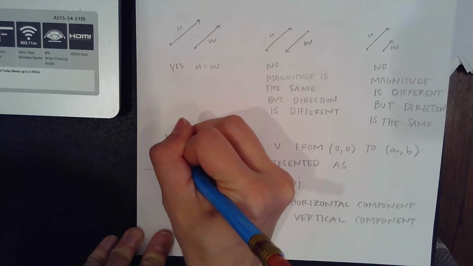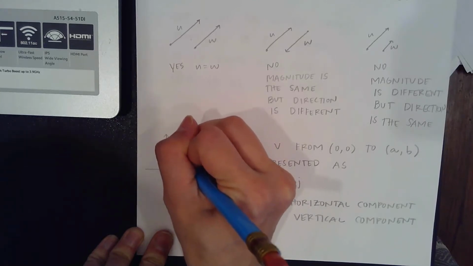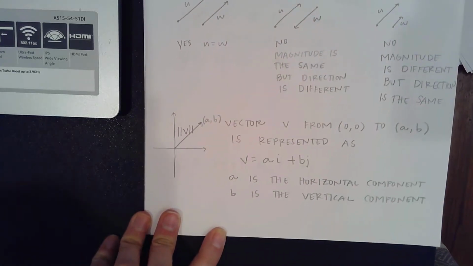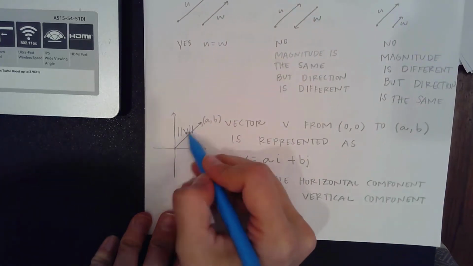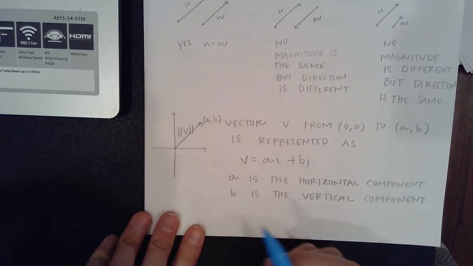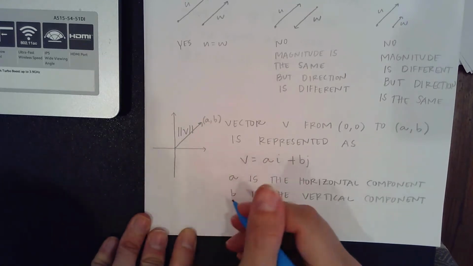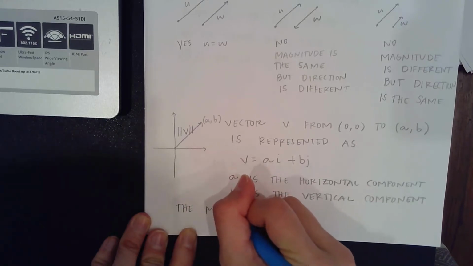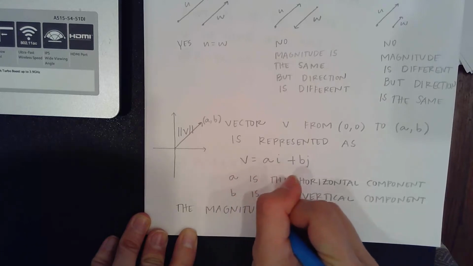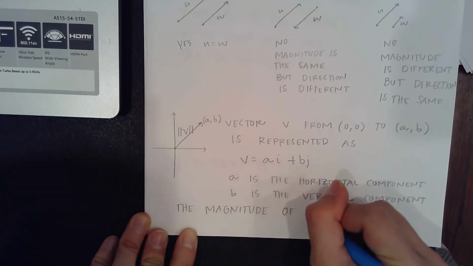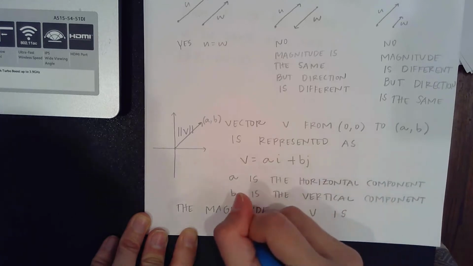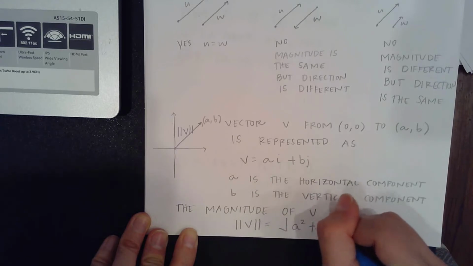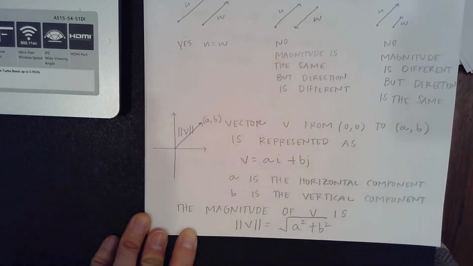The magnitude is going to be written with double absolute value bars, that's considered the magnitude of v. So the magnitude of v here is just going to be the Pythagorean theorem. So the square root of a squared plus b squared, and that will be your magnitude.